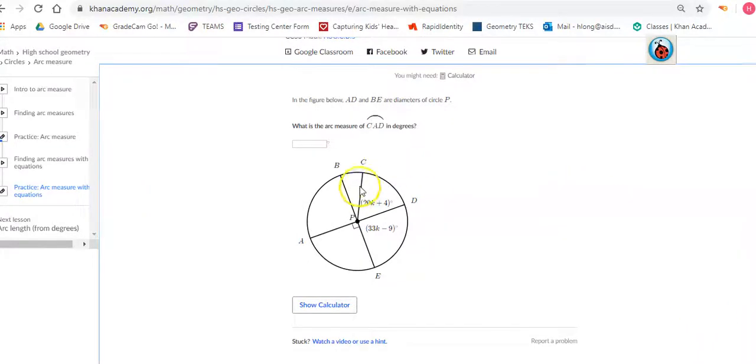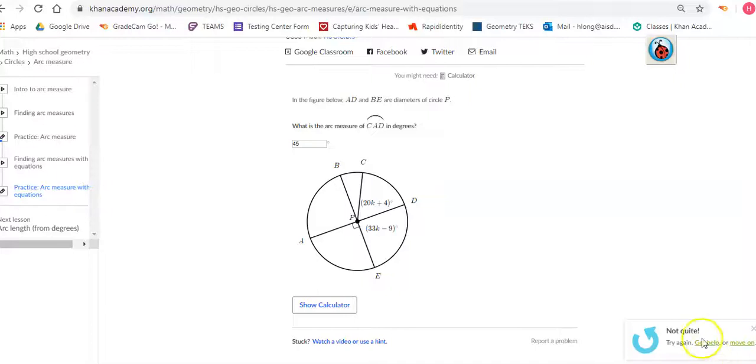Alright, so now it asks me to find CAD, so coming all the way around. There's a few different ways I could do this one. I'm going to show you what happens if you get something wrong, if you don't know how to do it. So I'm just going to type in a random number and click check.